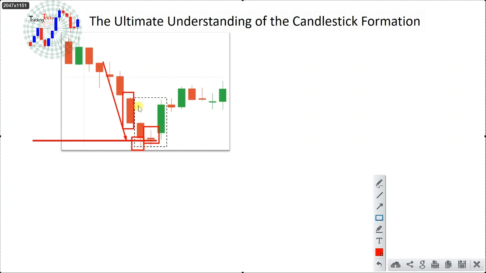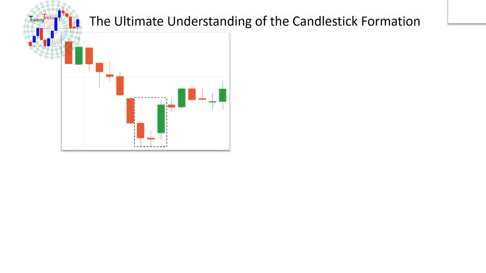When we see this kind of strong candle, then after that, normally we can expect a red candle here. But when the red candle is small, something like this, then this is the perfect formation. This is the perfect candle for this situation. Now let me show you another chart here.